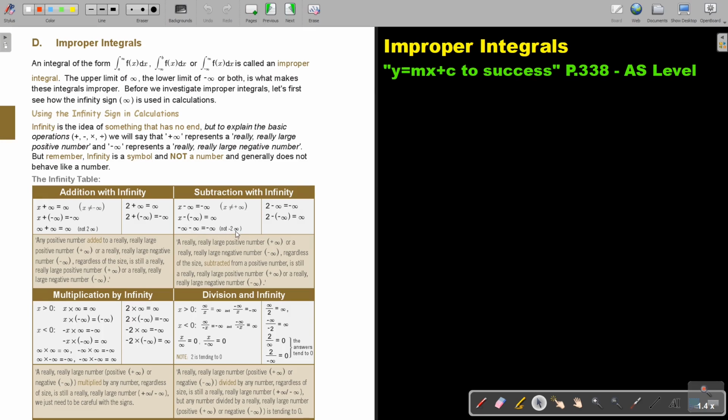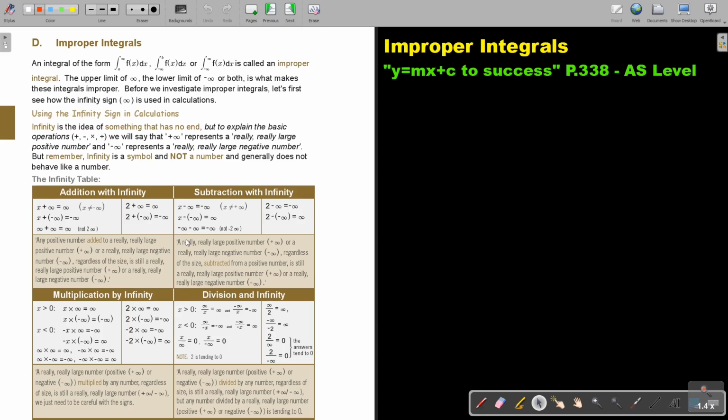So a really large positive or really large negative number, regardless, subtracted from a positive number, is still really, really large. So it's more or less the same. If it's positive, it stays positive. If it's negative, it stays negative. You can just work with the signs there to see that it became a positive.